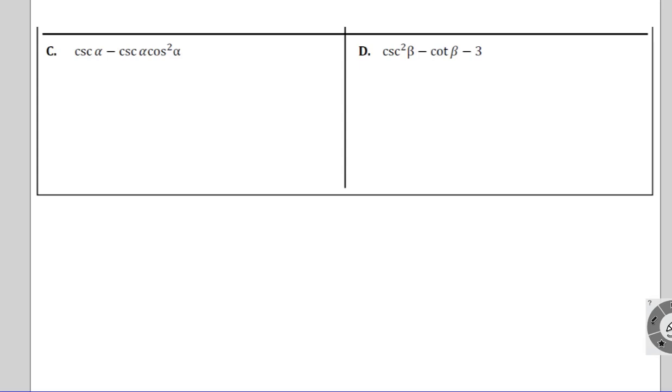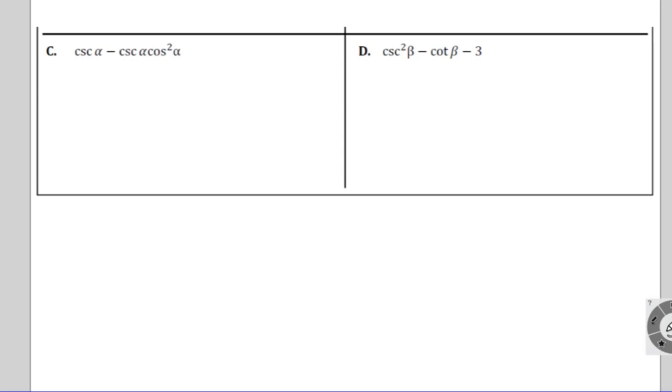Okay, that's a good point. What else do you think is significant or pertinent to this problem? Where is that cosecant? Multiplied by cos, in one of them, right?